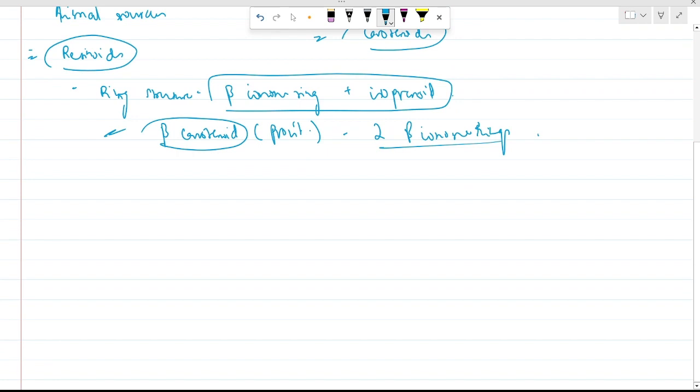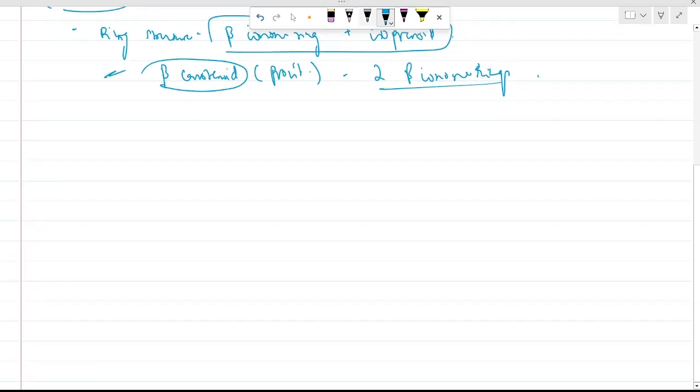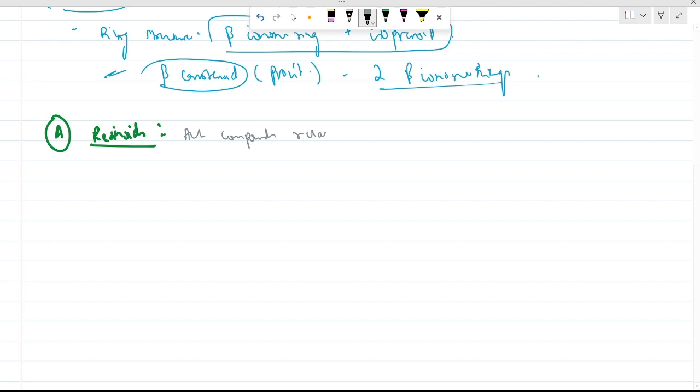Then we're going to see the retinoids. In the retinoids, all compounds related to retinol are called retinoids.